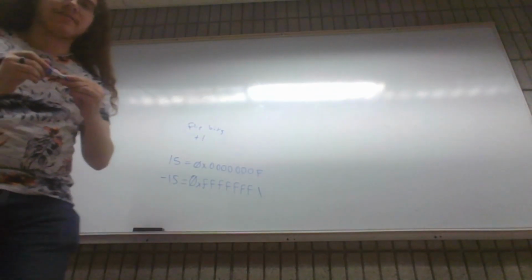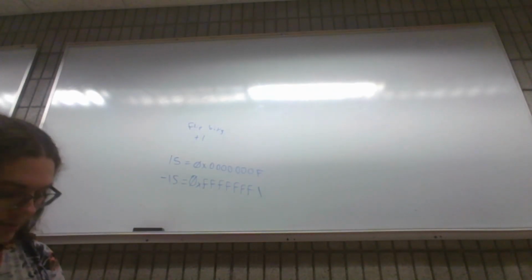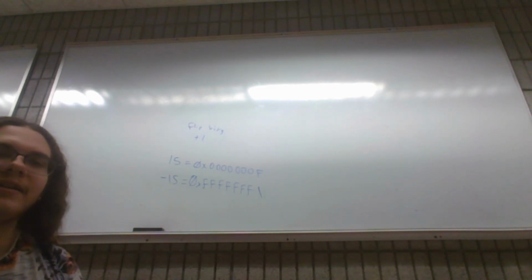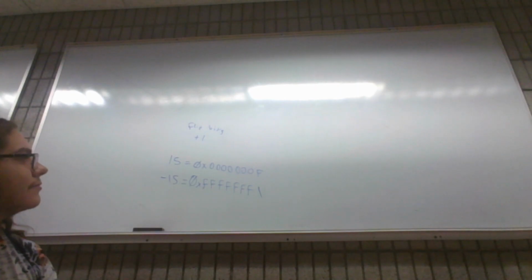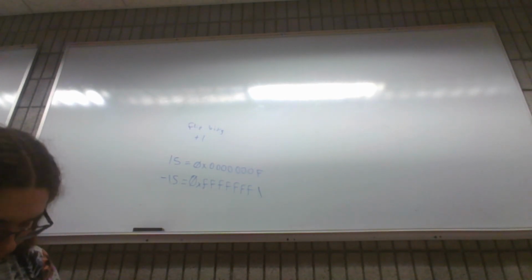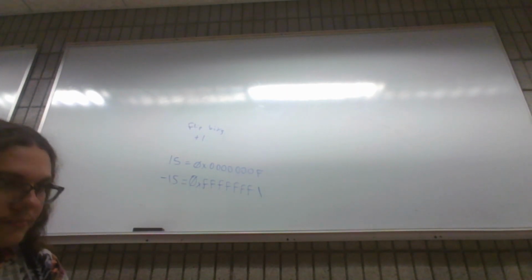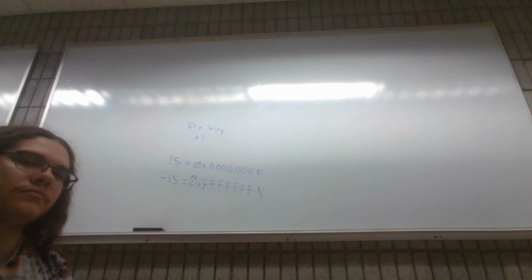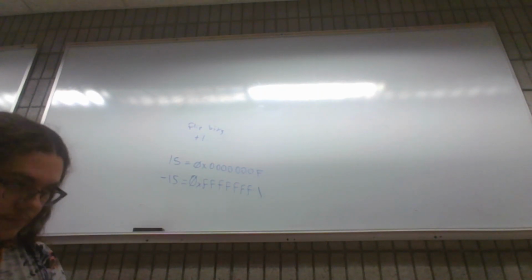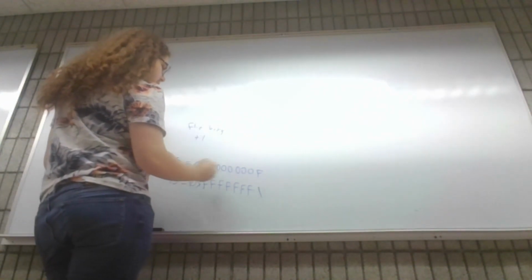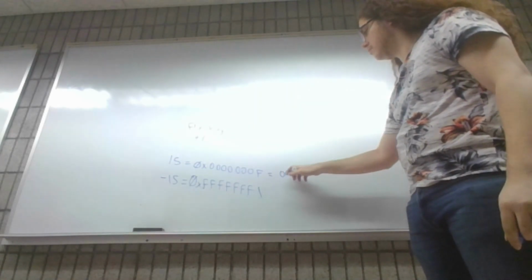So are we cool with that first part? Does that seem reasonable? Yes, except I think what I'm getting confused about is that I'm just thinking of doing it the normal way where I put everything into binary first and then switch it to hexadecimal.